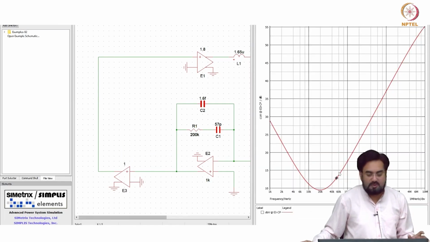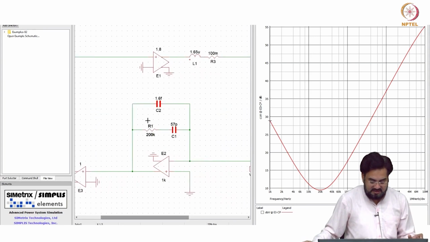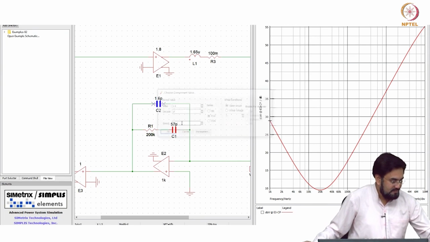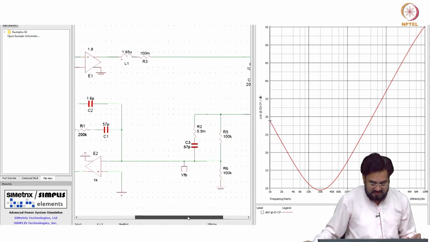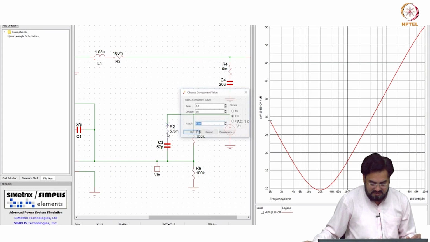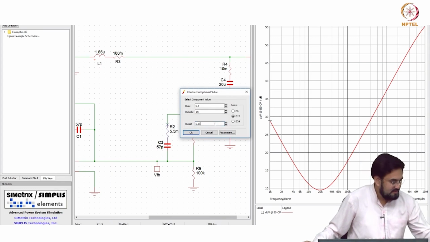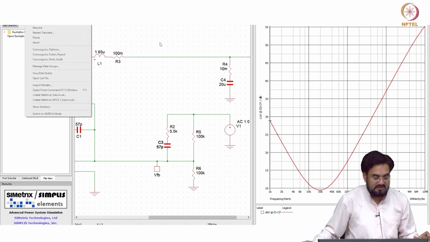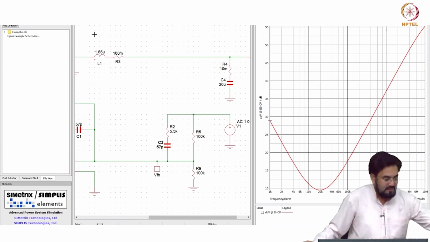So without those two poles: integrator, then first zero, second zero, gain is rising. Now if I increase this, I have added the first pole, and so I have added 2 poles now. Let's see what happens.